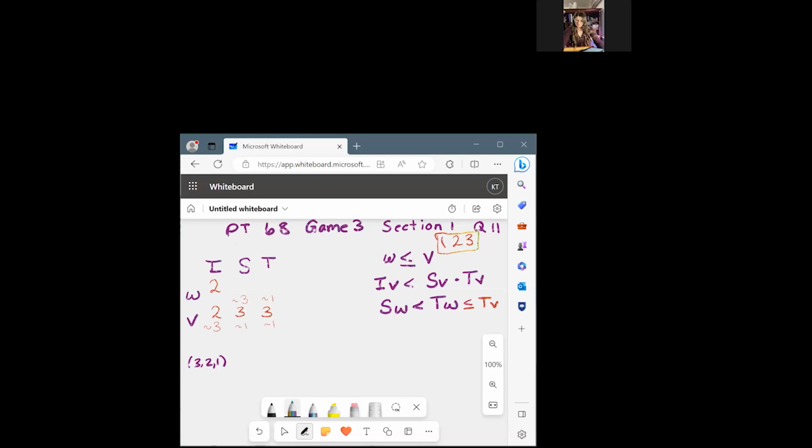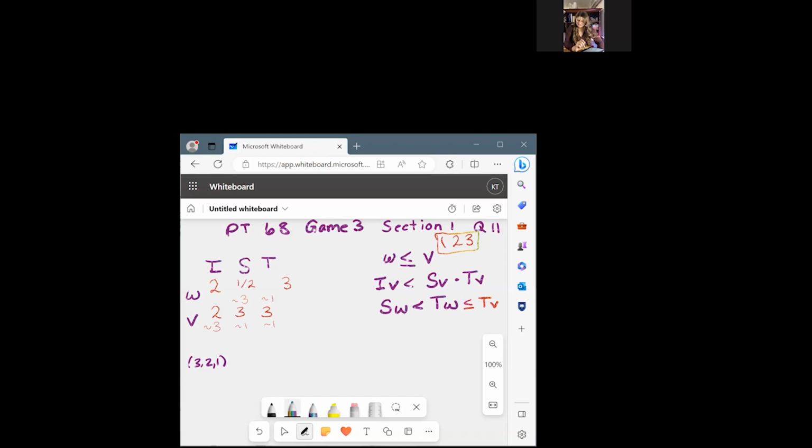Yeah, you're definitely on the right track. So SW can't be 3. We already know that. And it has to be less than TW. So it is possible that TW is 3. If TW is 3, then SW could be 1 or 2.